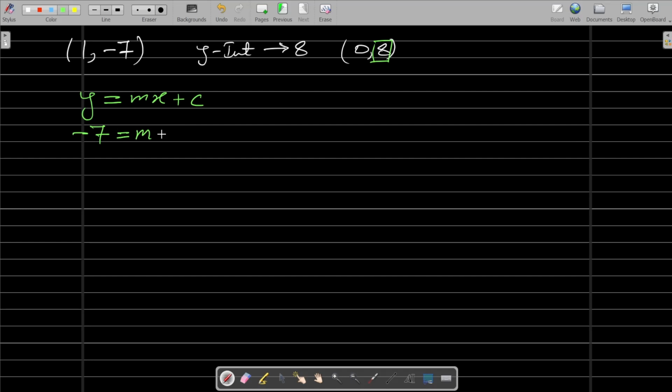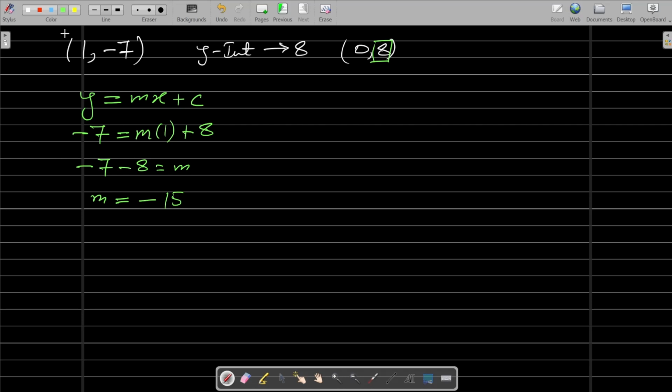The value of x is 1. And the value of c is 8, right? So from here, I can simply find the value of m first. So the value of m here will be, m is equal to negative 15. So this is my value of m.